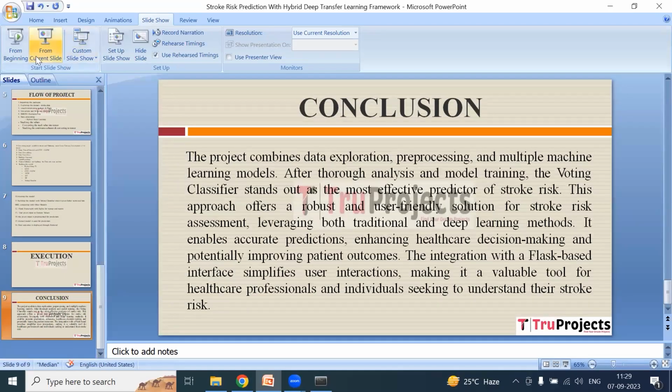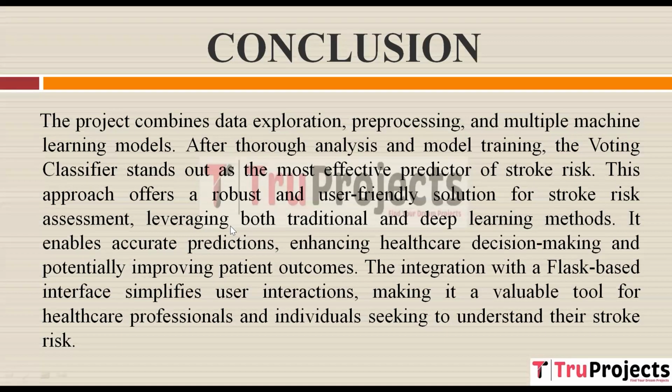The conclusion of the project is: the project involves pre-processing, several machine learning models and data exploration. Following extensive investigation and model training, the voting classifier emerges as the most successful stroke risk predictor. Utilizing both conventional and deep learning techniques, this strategy provides a reliable and convenient solution for assessing the risk of having a stroke.